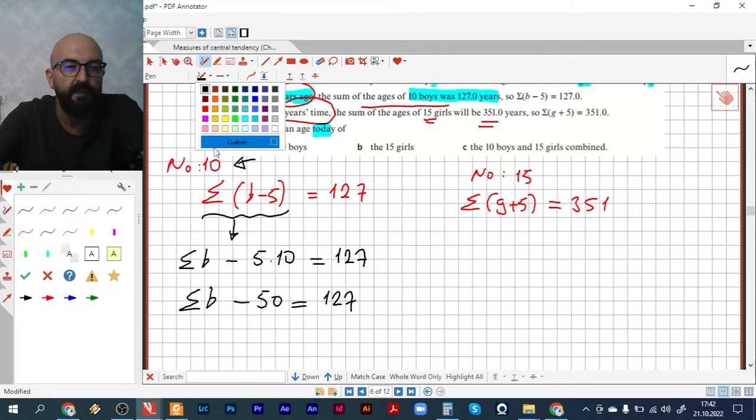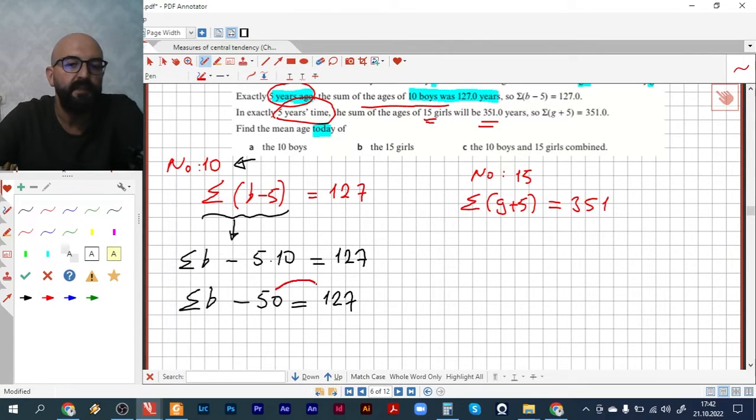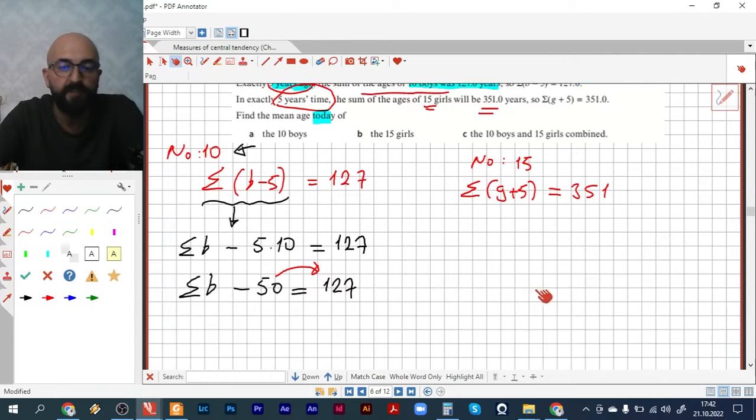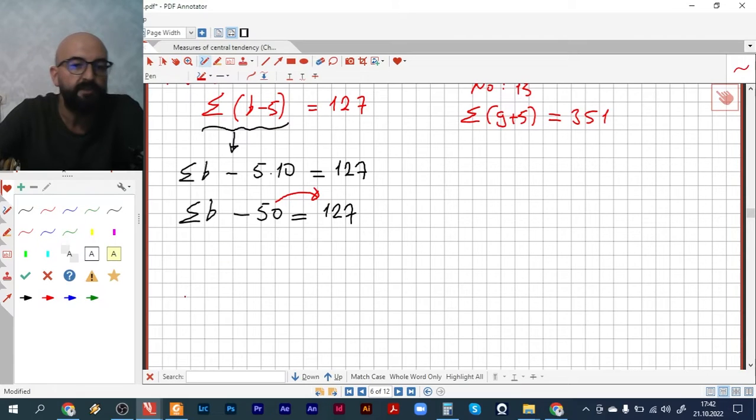If I carry out the 50 to the other side of the equal sign, it becomes positive 50. So the sum of B equals to 177.